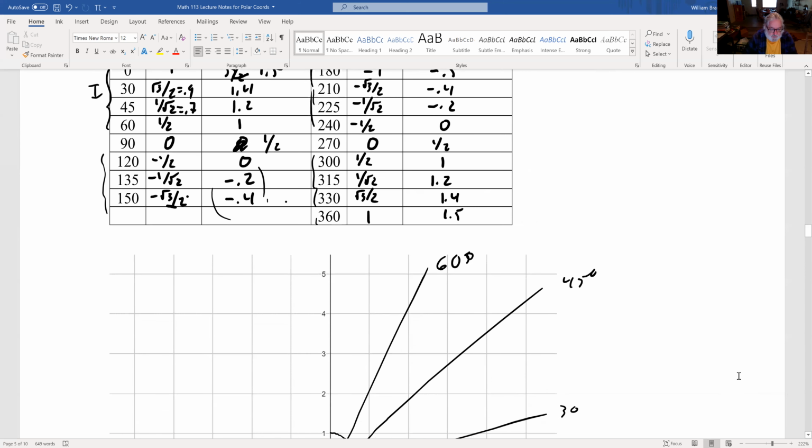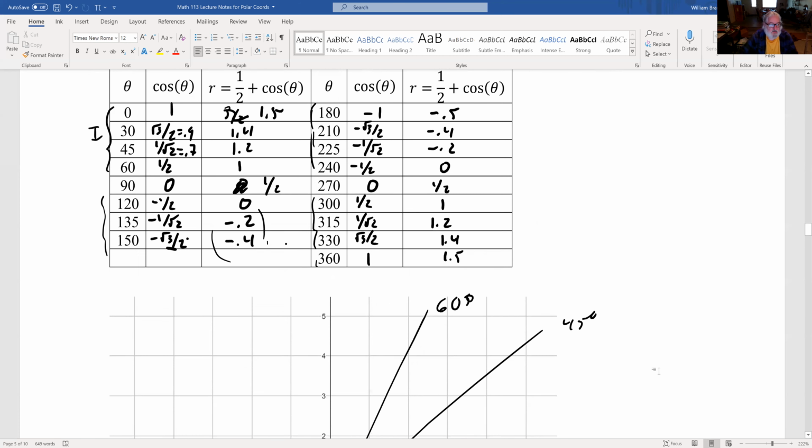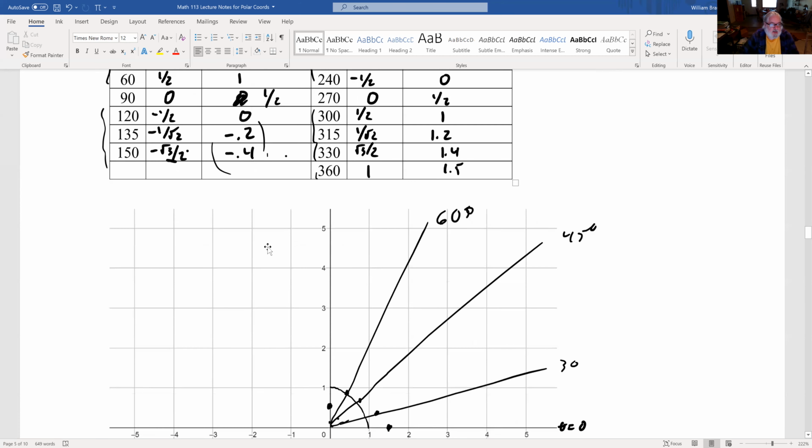So 1.2 at 45 degrees, which is about here. And then 1 at 60 degrees, and 1/2 at 90 degrees. So there's our graph of the angles in the first quadrant. 120, so this is 90 degrees. If we add 30 to that, 120 is about here.